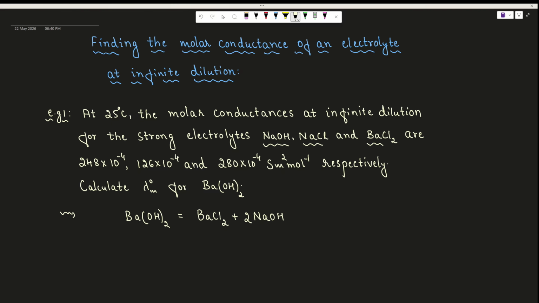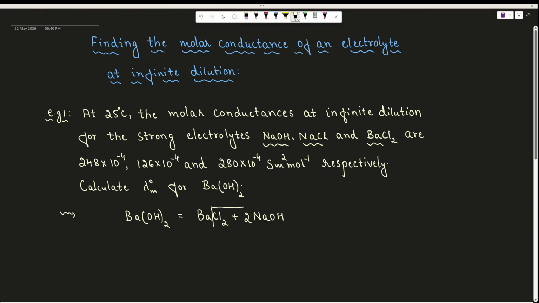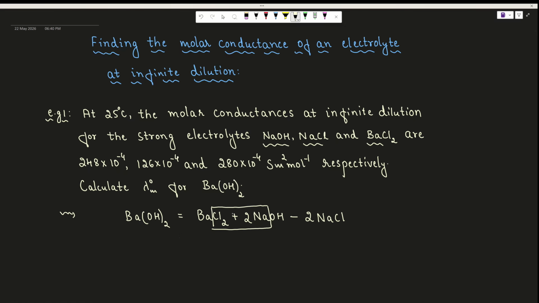But you have something extra also. That is two chloride ions you have extra and you have two sodium ions extra. So you need to just remove them, means subtract 2 NaCl. This is how you are doing it. Okay, so this simple equation will give you barium hydroxide.